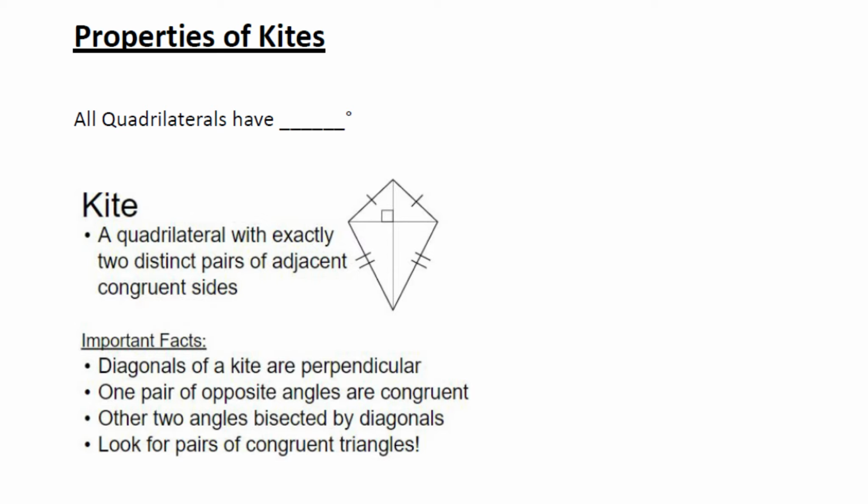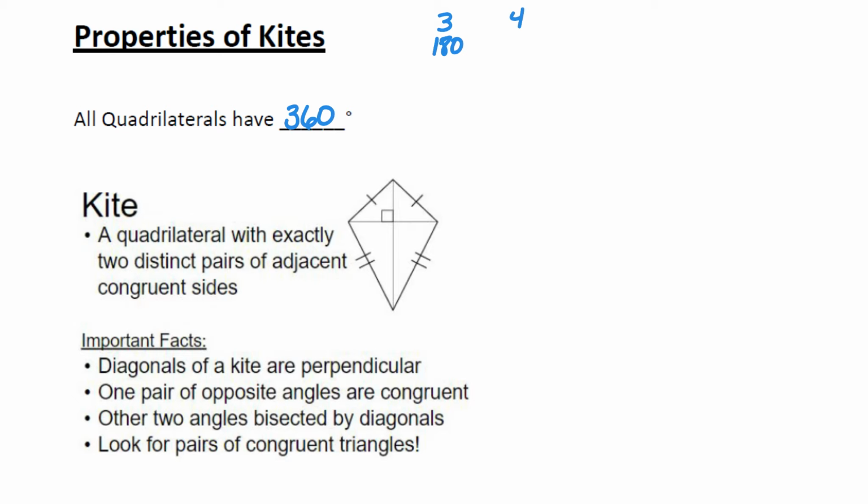So the first thing we're going to look at is the properties of a kite. Now, when we jump into the kites here, we want to first notice that all quadrilaterals have 360 degrees of interior angles. Just like we talked about with a triangle having 180, the quadrilaterals have 360. Three sides, 180.